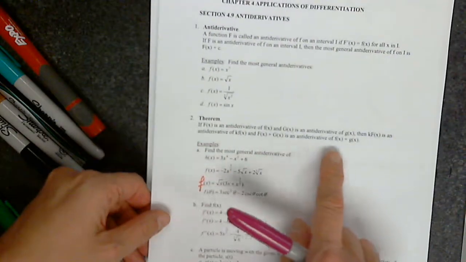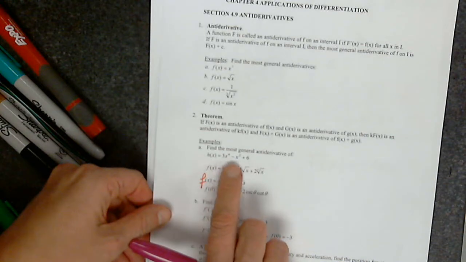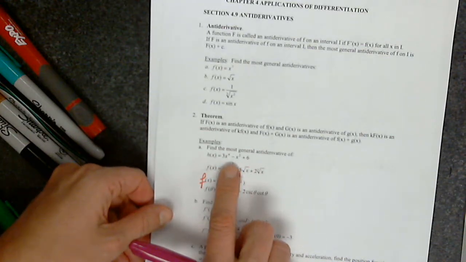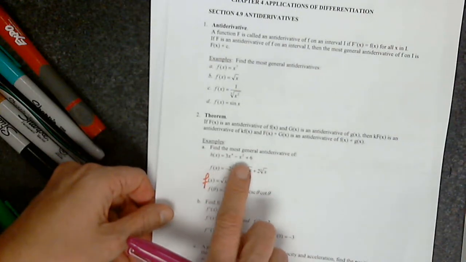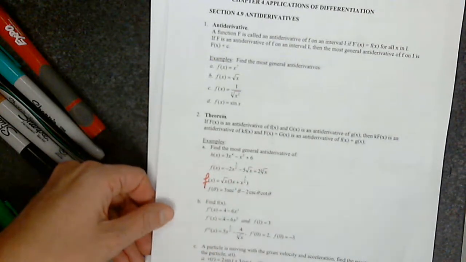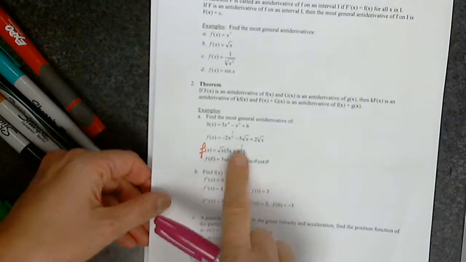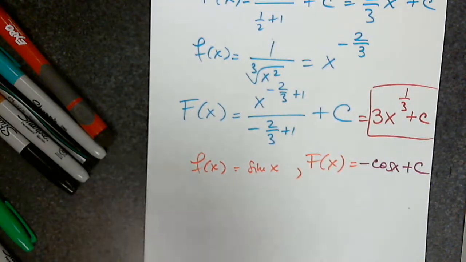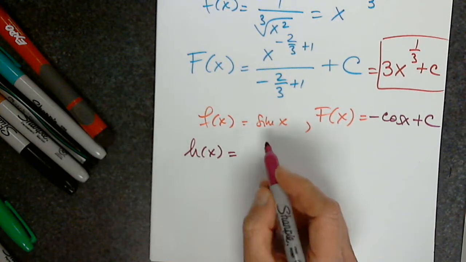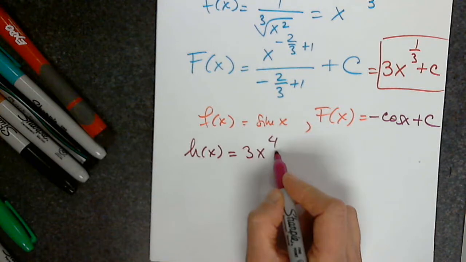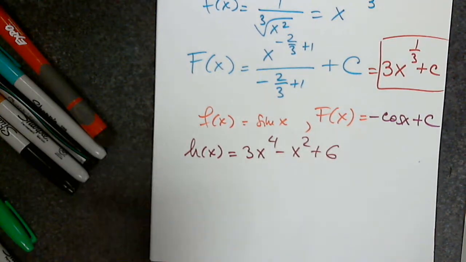This theorem says that when you find the antiderivative, if you have a sum, you just determine the antiderivative of each piece, and you only write a constant once. So that's the theorem for this. So let's start. Let's say h of x is 3x to the 4th minus x squared plus 6.